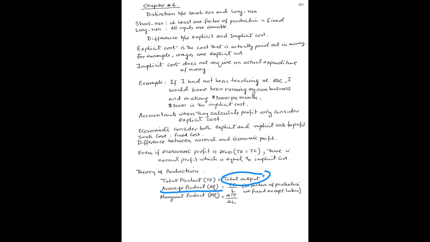So average productivity of labor is total productivity of labor divided by total labor. So total product divided by total labor. Now we have different names, right? Sometimes we write Q as output. So total output, total product, Q, they are the same thing.